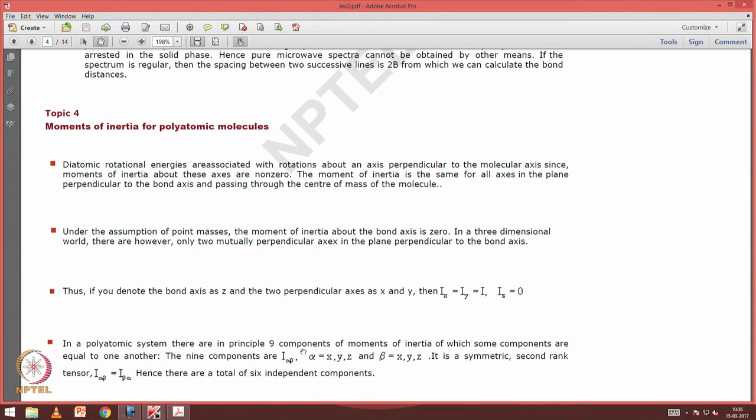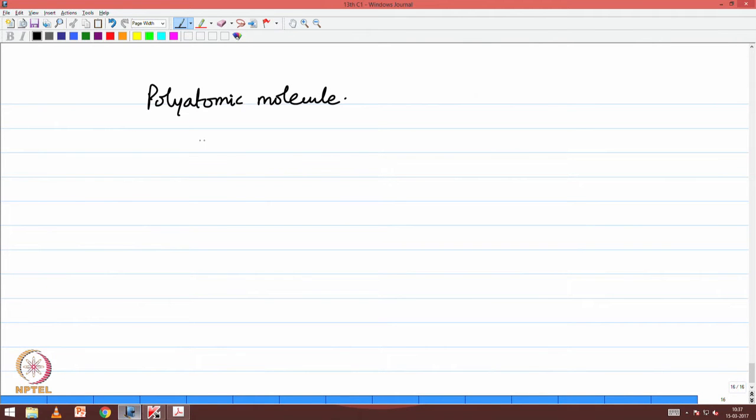If we look at the details, then for a polyatomic system the moment of inertia is not a very simple quantity, it is not a scalar quantity like what we did. Actually, for a general polyatomic molecule, the moment of inertia I is in general a second rank tensor.